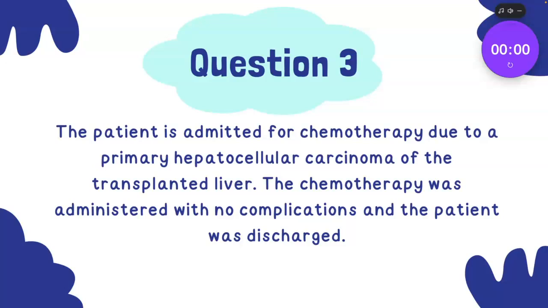Now, we got a little twist with this scenario because there is a situation. And the situation is the patient has hepatocellular carcinoma of a transplanted liver. So there is a guideline that speaks to neoplasm of a transplanted organ, and they refer to it as a transplant complication.